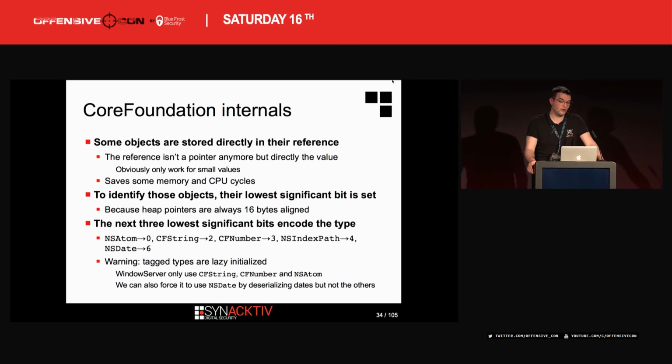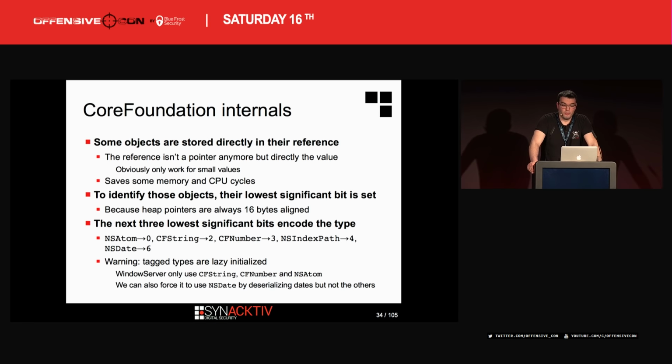So the answer is again in Core Foundation internals, because some tiny objects are stored directly in their reference. That means that instead of having a pointer to a heap allocation, you will have directly the value in the pointer, which is not a pointer anymore. Obviously, it only works for small values that can be put in just a pointer.